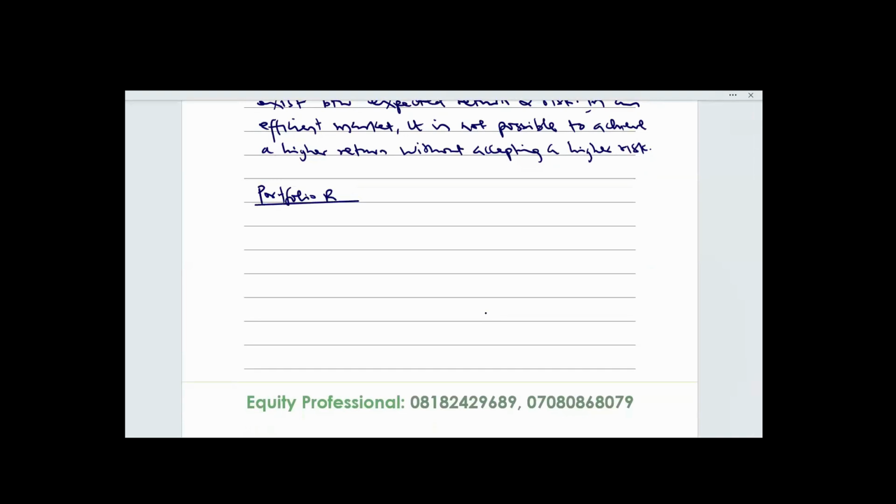Portfolio risk is an event in which the anticipated or the expected return may be different from the actual return.